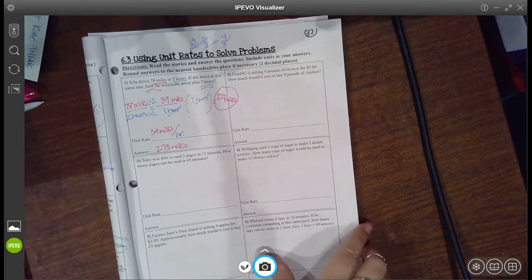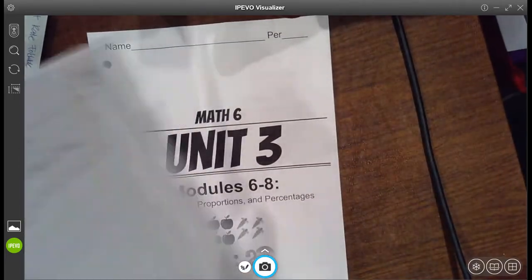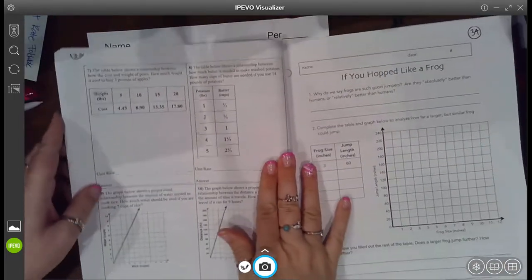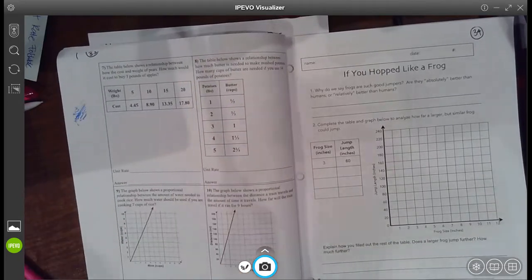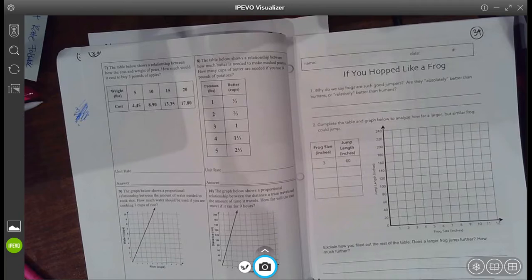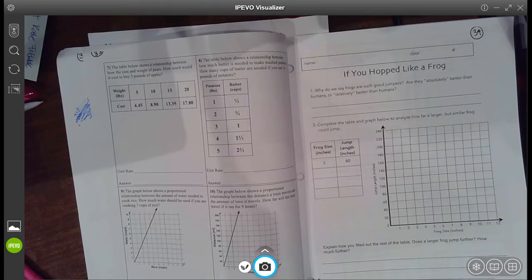Okay. The other one I wanted to help you get started on was on the back. When you have tables, you still can use those. It's just now you have more than one option to use. You want to find the unit rate, and how you know which one to put in the denominator.